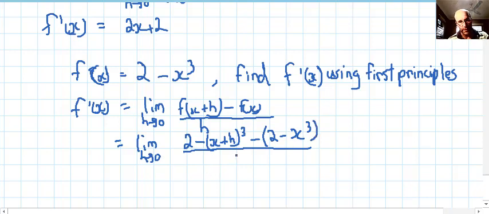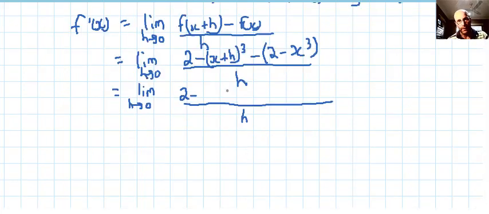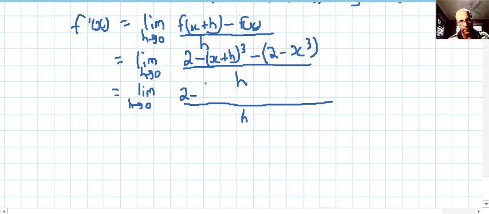Okay, and then we've just got h there. Okay, so be careful here. Again, if you don't know how to expand a cubic binomial, you might need to go squared, then times it by like this. In other words, square it, expand that out, and then times it by another x plus h. Otherwise, you might know that. And by the way, put all of this in brackets because it's all going to be subtracted from the 2.